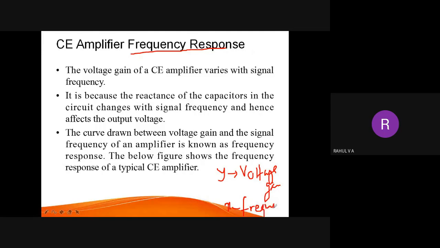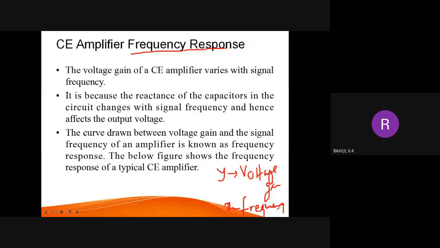So what we are going to do is, we have a common emitter amplifier circuit. We give signals of different frequencies and check the output. That means we are measuring the voltage gain. Voltage gain is nothing but output voltage divided by input voltage.